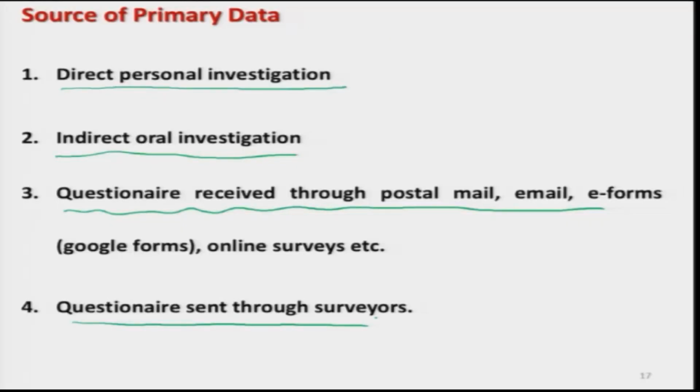Sometimes we send surveys to the field and don't allow them to ask anything, but we give them a questionnaire and ask them to give it to the concerned person, who will fill it up and give it back to us. There are many other ways also, but this is how we try to collect primary data.